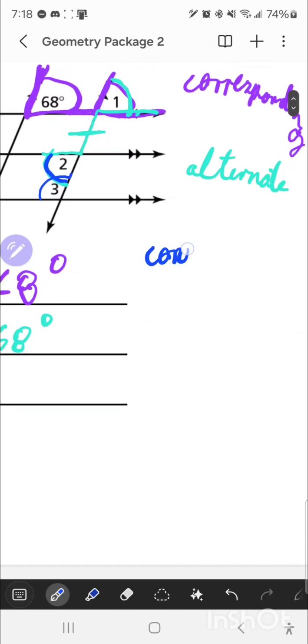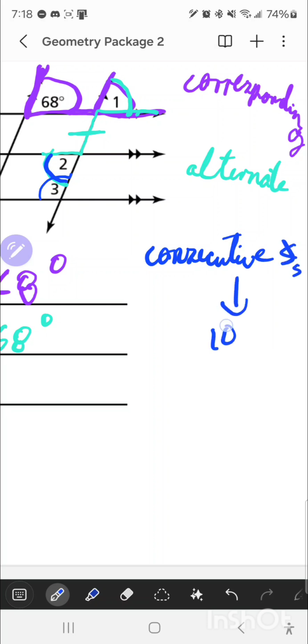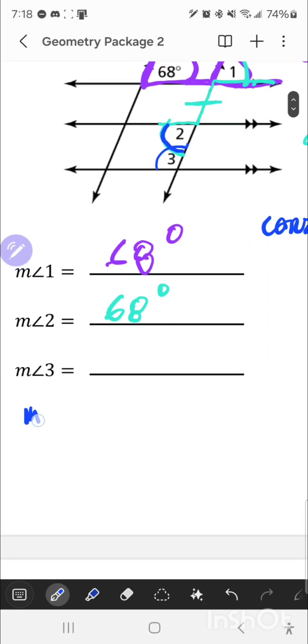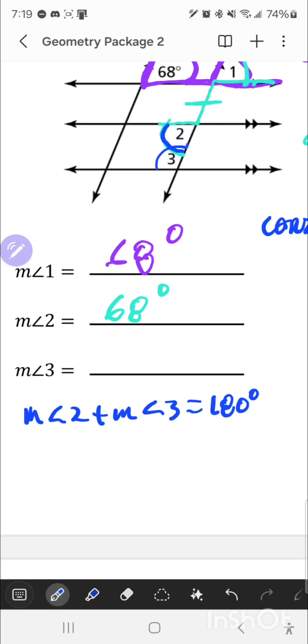So I will say that the measure of angle 2 plus the measure of angle 3 equals 180 degrees.